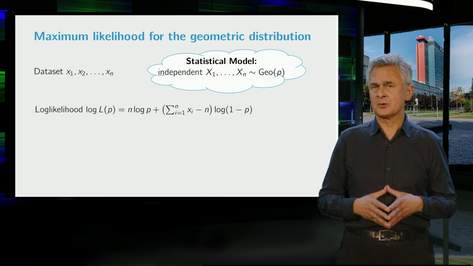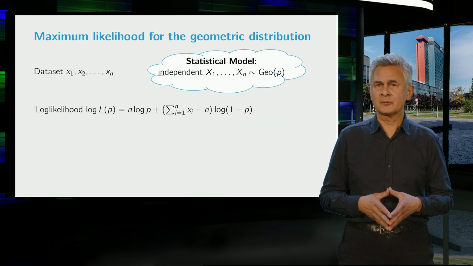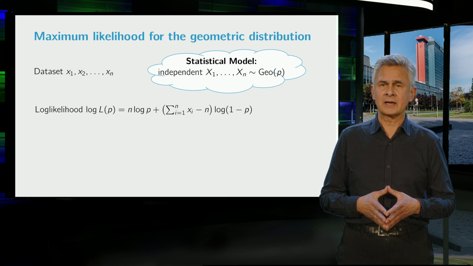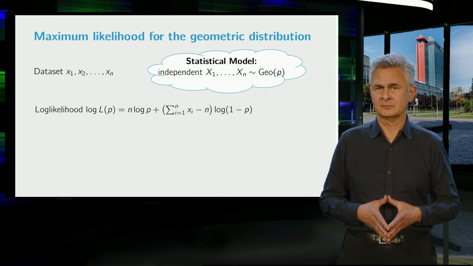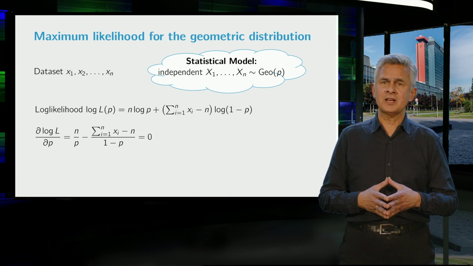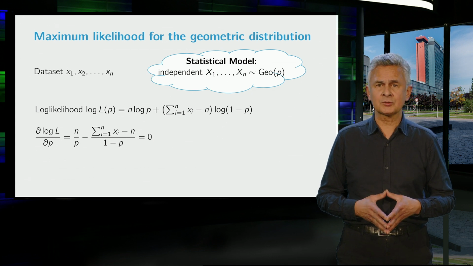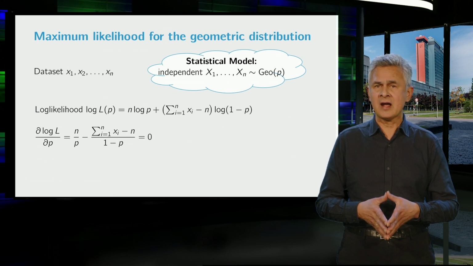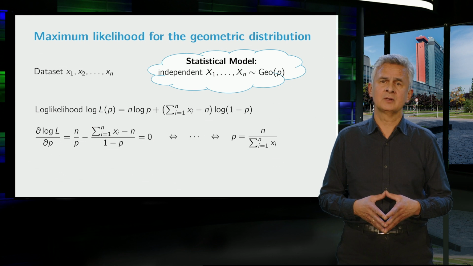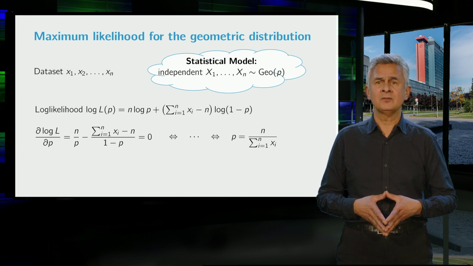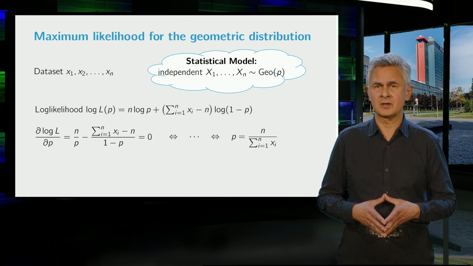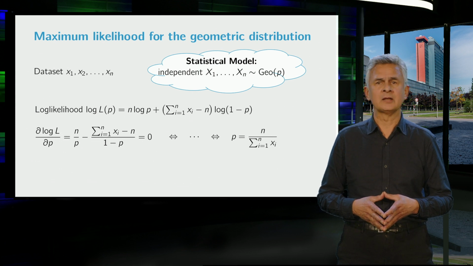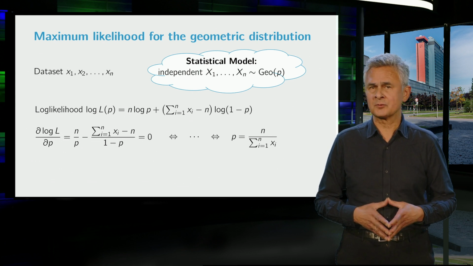Now let us continue from here and determine for which p the log likelihood is maximal. After differentiating the log likelihood and setting it equal to 0, one finds that this equation is solved for p equal to n divided by the sum of the observations. Now you may pause the video and check this for yourself.